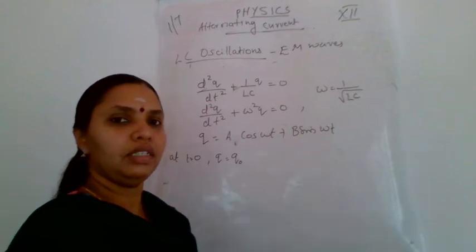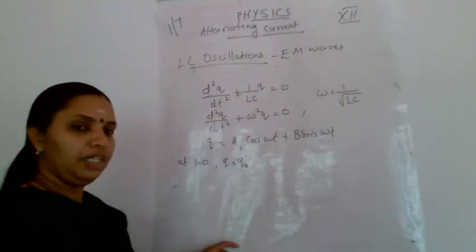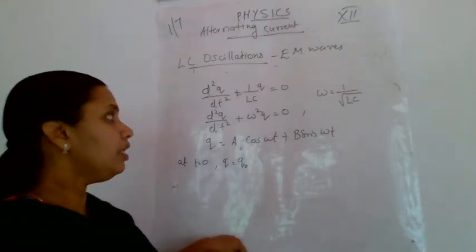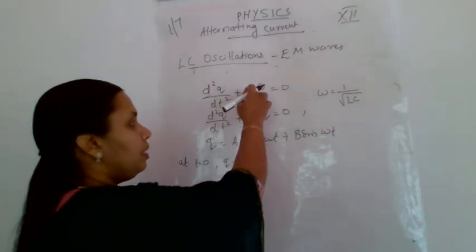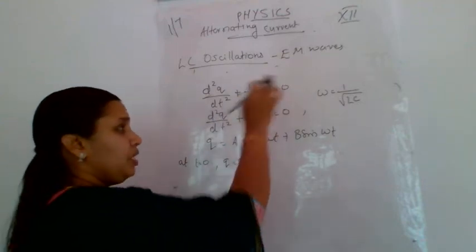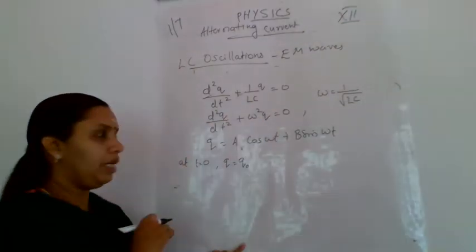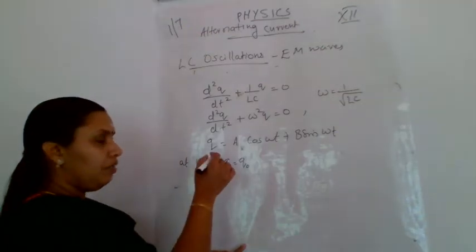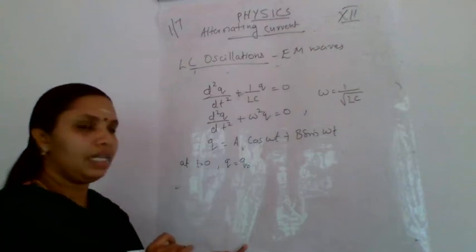So we got the representation in the form of a linear differential equation of second order, that is d square q by dt square plus 1 by LC q is equal to 0, where 1 by LC we represent as omega square. So this is the expression for simple harmonic motion, which has the solution q is equal to a cos omega t plus b sin omega t.